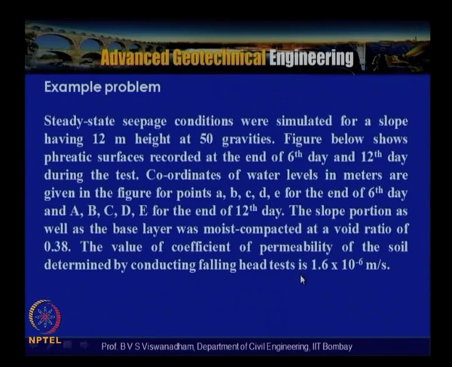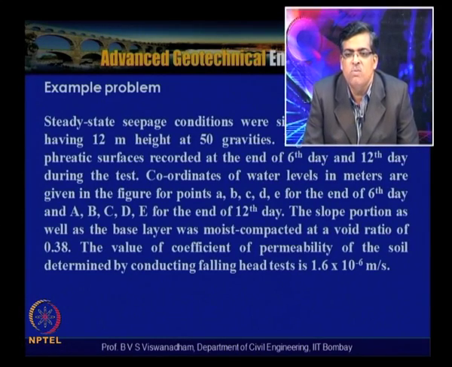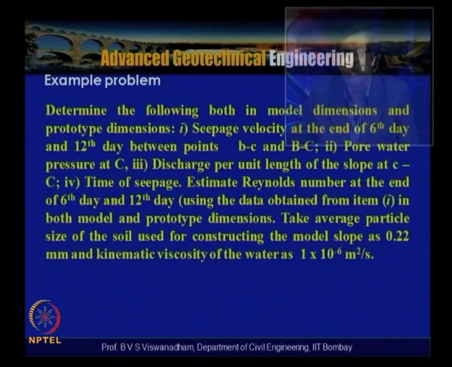So this particular example problem basically consists of steady state seepage conditions simulated for a slope having 12-meter height at 50 gravities, and the figure below shows the phreatic surfaces, which were obtained from the centrifuge model test. The slope portion as well as the base layer was moist compacted at a void ratio of 0.38, and the coefficient of permeability of the soil is 1.6 into 10 to the power minus 6 meter per second.